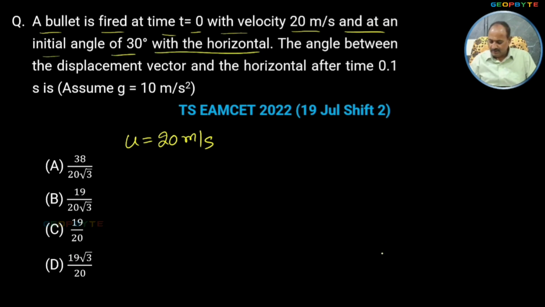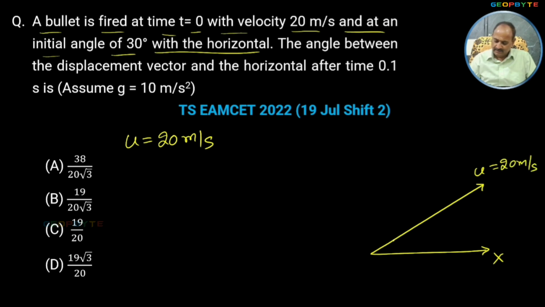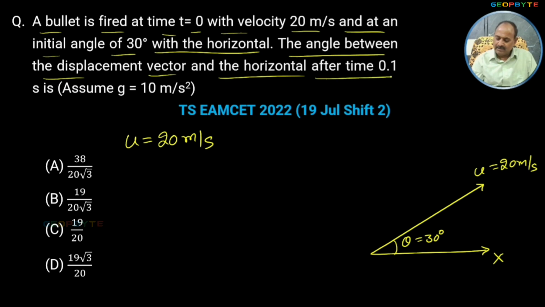With respect to horizontal, the velocity u is given as 20 meter per second at an angle theta of 30 degrees. The angle between the displacement vector and the horizontal after time t equal to 0.1 second.